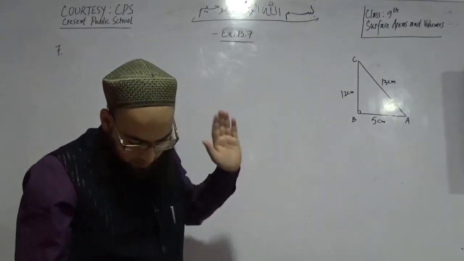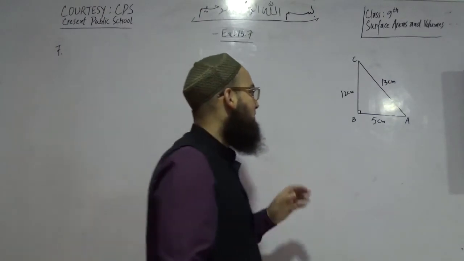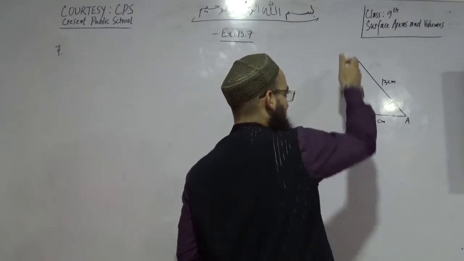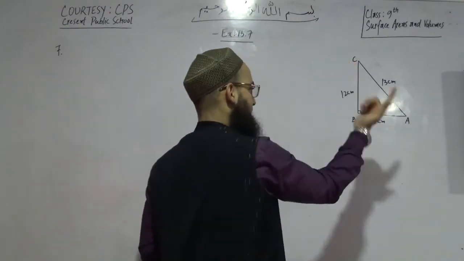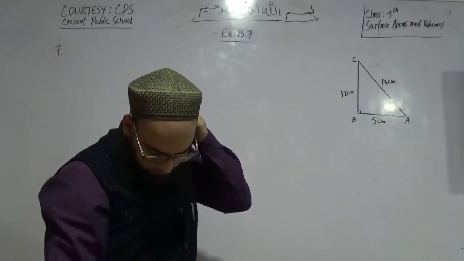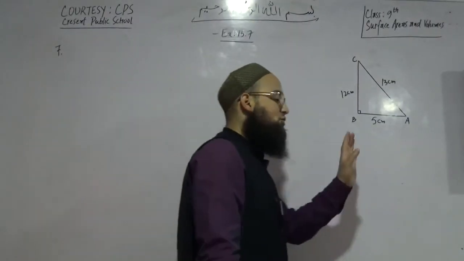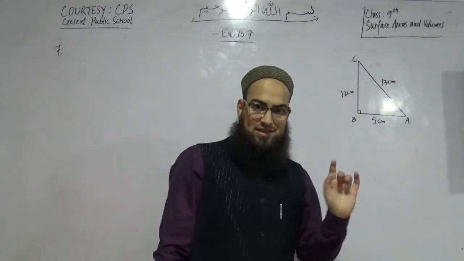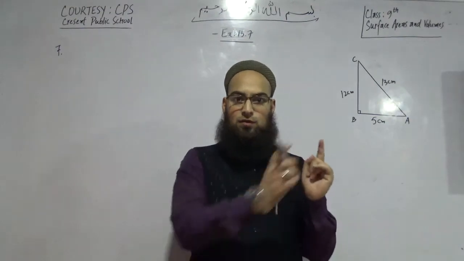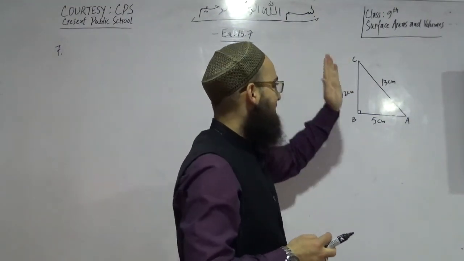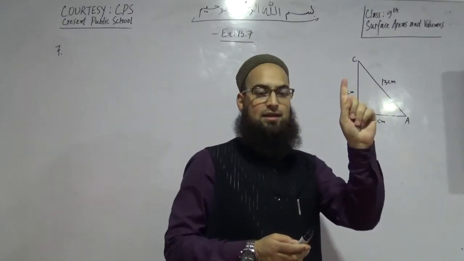It is revolved about this side 12 centimeter. Now this triangle is revolved along this side, revolve like this. Got it? Find the volume of the solid obtained. When a triangle is revolved around a side, around means take this side like this.